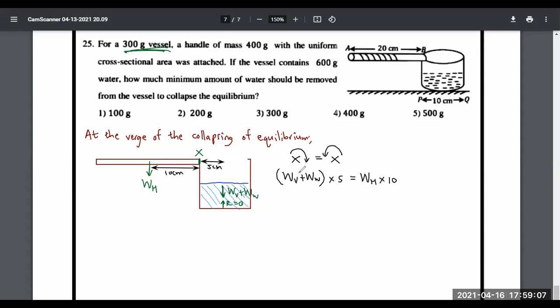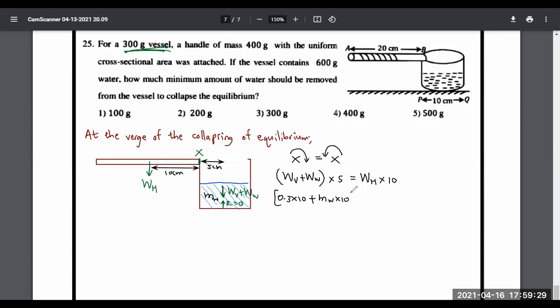So what is the weight of the vessel? Mass of the vessel is 0.3 kilogram into 10. Hope you understood that. Plus weight of water, we don't know now. I'll take the mass of water here as MW. So mass of water into 10. Whole thing into 5.